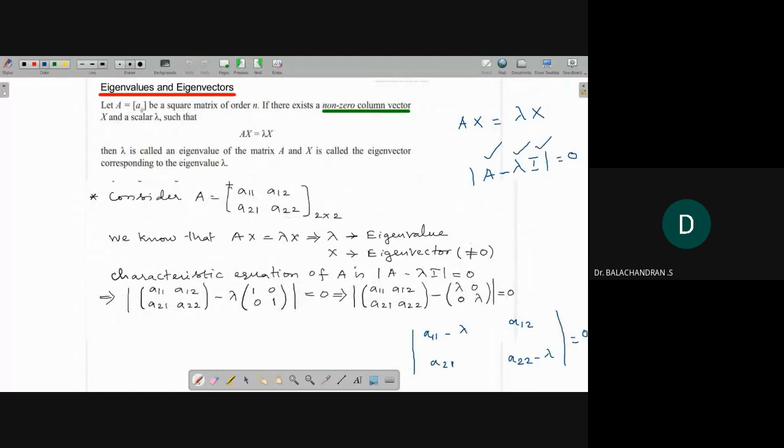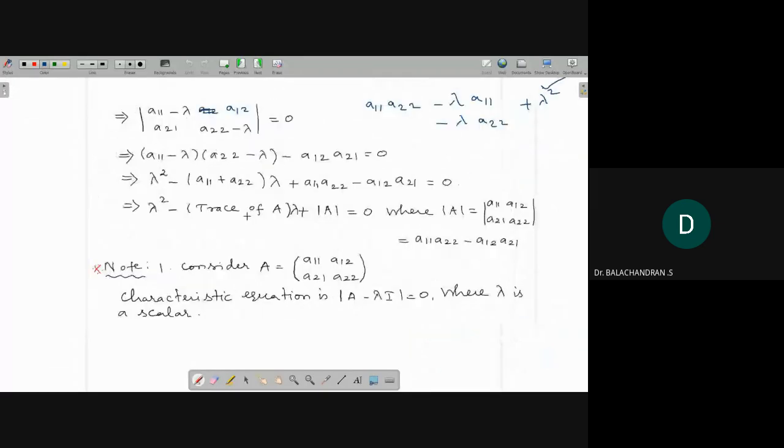The sum of the main diagonal is called the trace of A. I will write here: sum of the main diagonal elements of capital A, that is nothing but the trace of A. So lambda square minus trace of A into lambda.